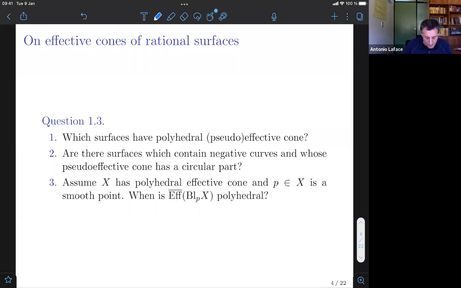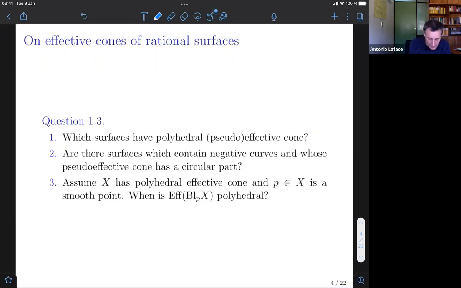Then, are there surfaces which contain negative curves and whose pseudo-effective cone has a circular part? So this question is about the possibility of having a mixed behavior for such a cone. And the circular part, of course, is coming from this light cone Q(X). To what I know, this is an open question.